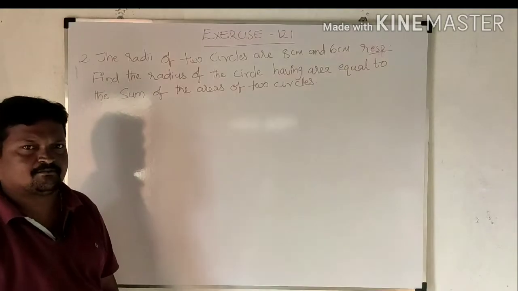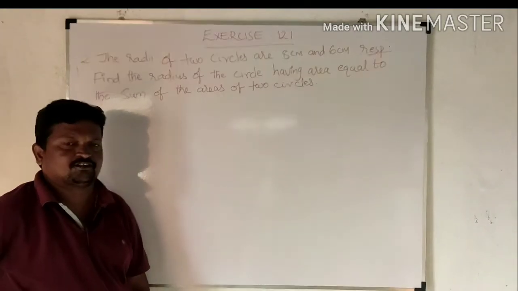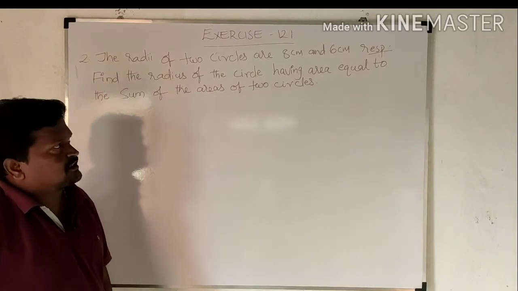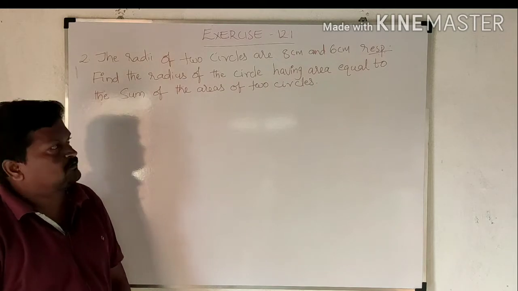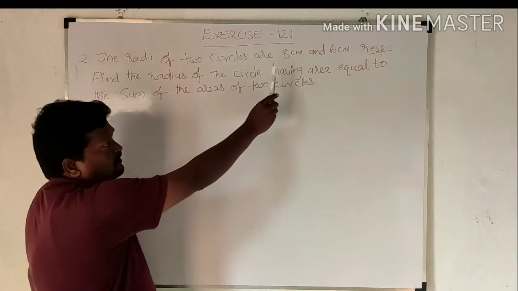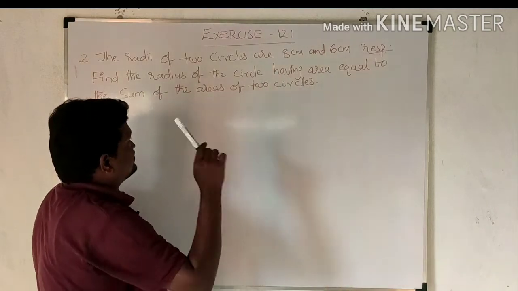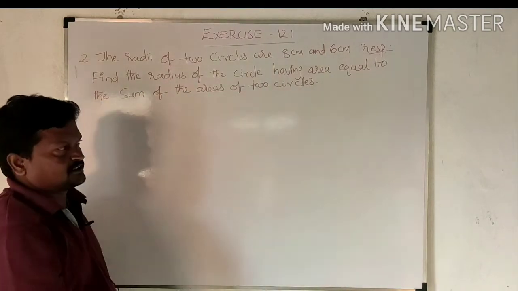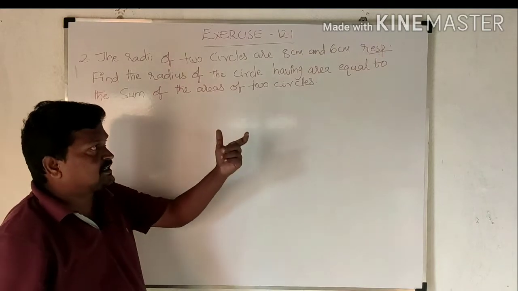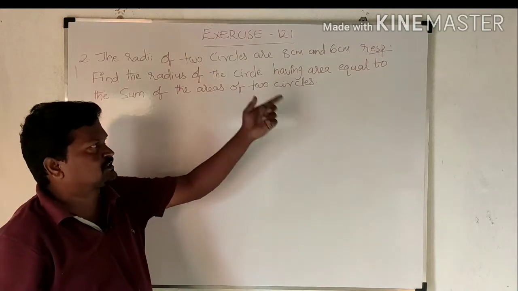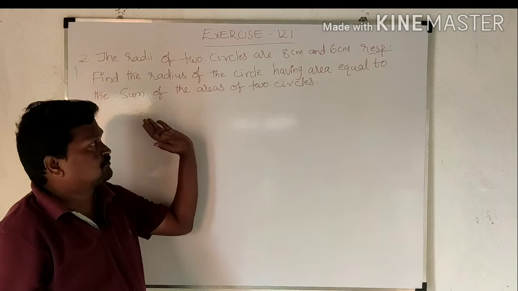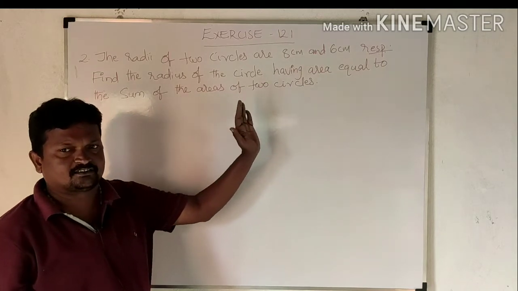So it is the same as the previous problem, the first problem. Then what is the difference here? In that problem also they gave the radius of two circles, and they asked to find the radius of the third circle whose circumference is equal to the sum of the circumferences of the two circles.